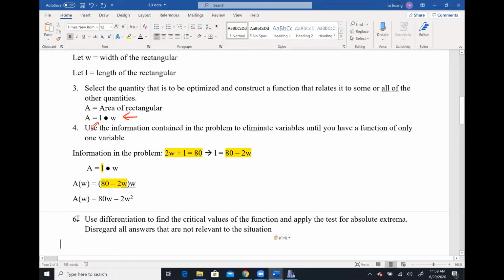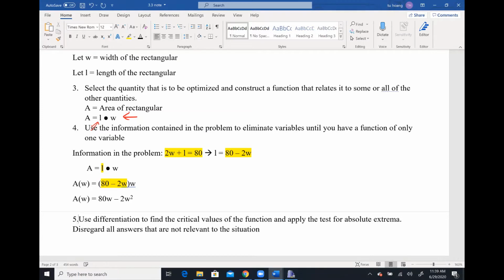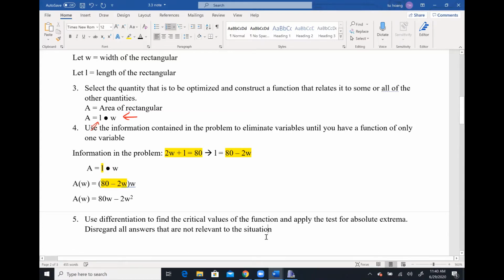So this is step number 5, and step number 5 says use differentiation to find the critical value of the function and apply the test for absolute extrema. So what does that mean? You have to take the derivative of A(W).